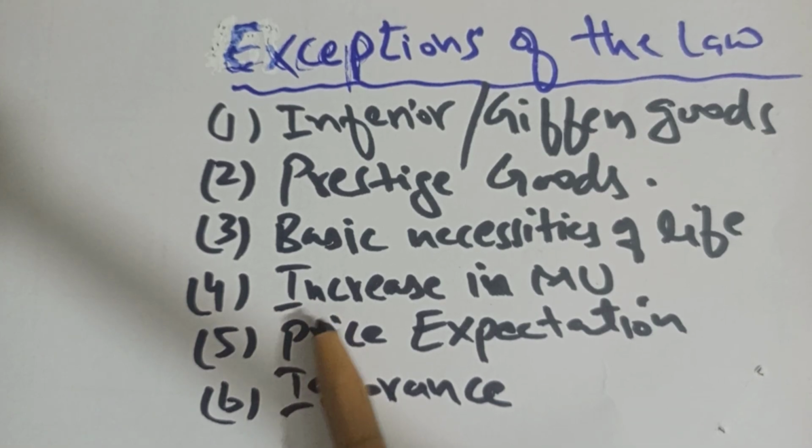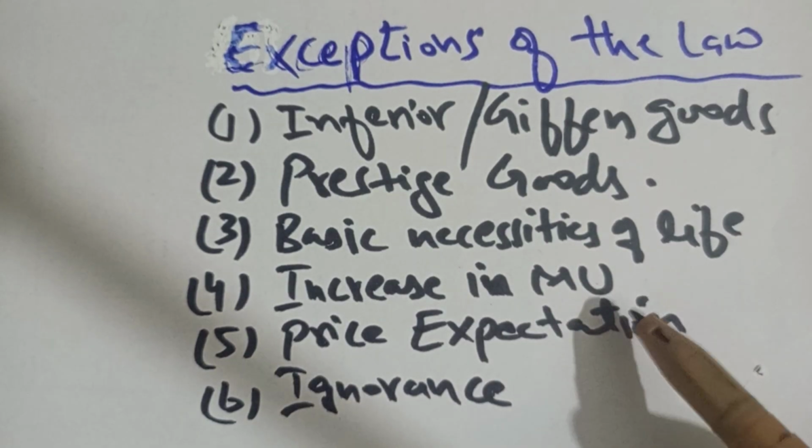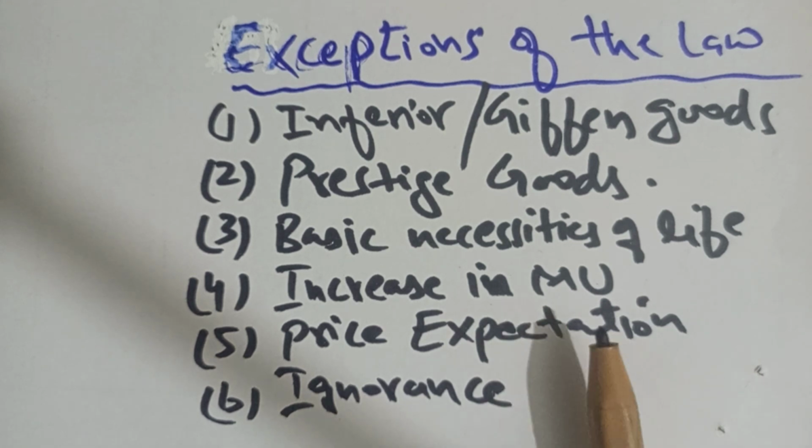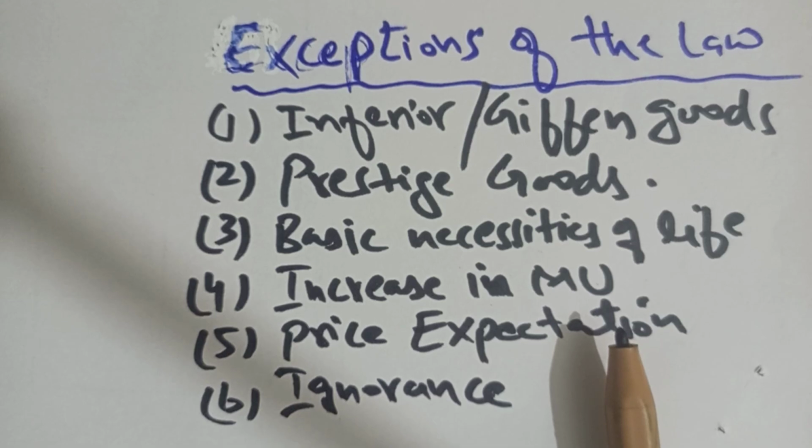Number 4, increase in marginal utility. MU means marginal utility. It means that when there is an increase in the marginal utility of any commodity, in such a case, the law of demand is not applicable.